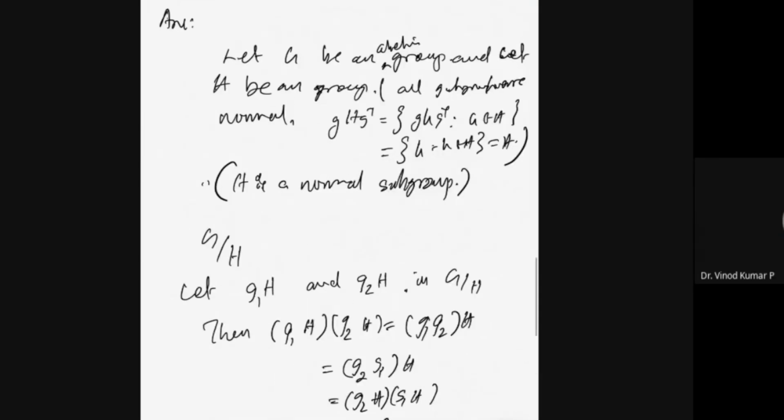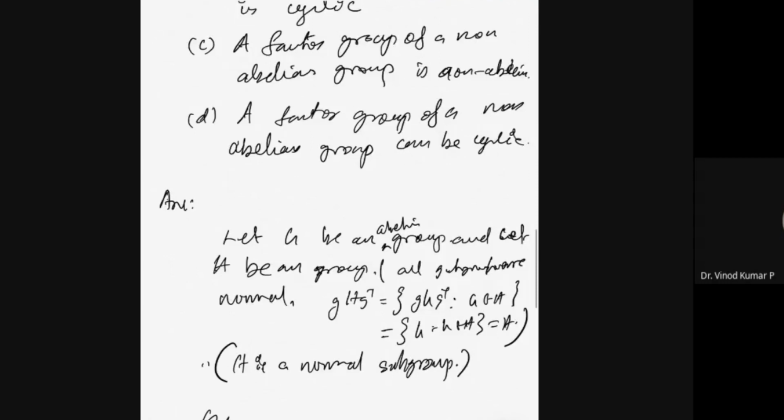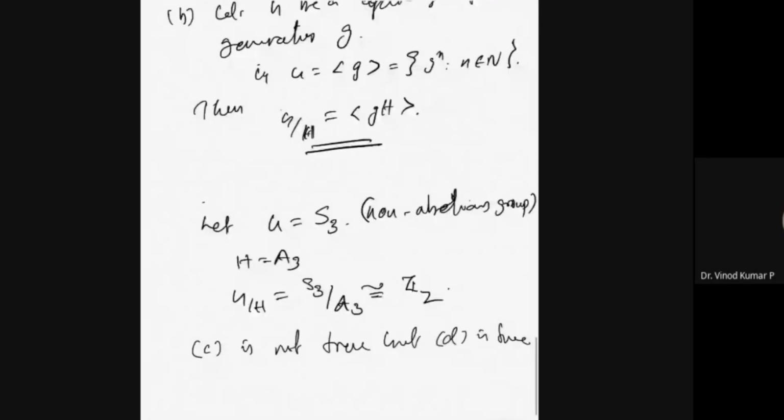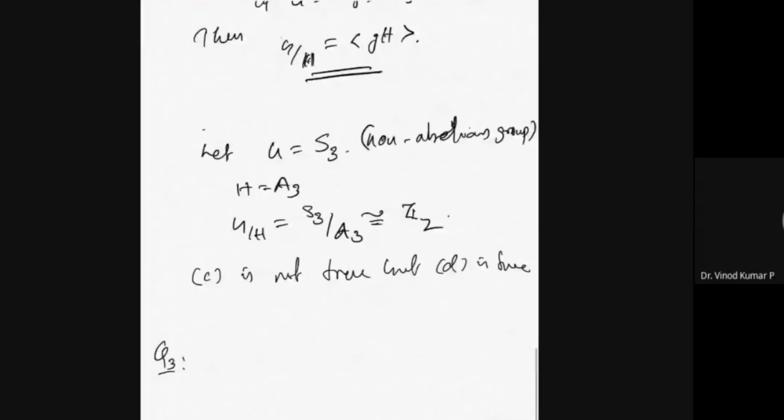Okay, sir. So C is not true, but D is true. The same example will work for D also. So go to the next question.